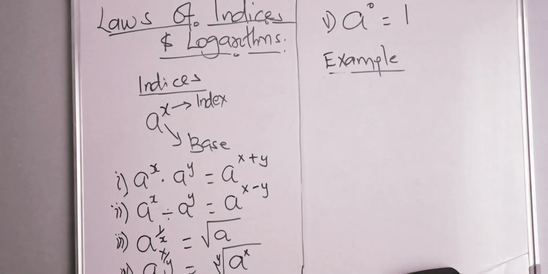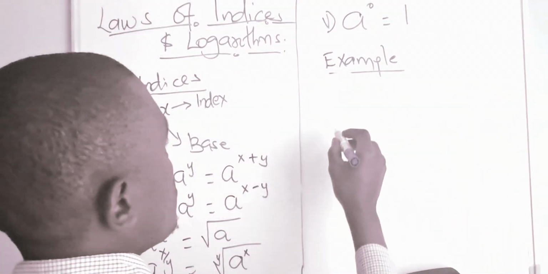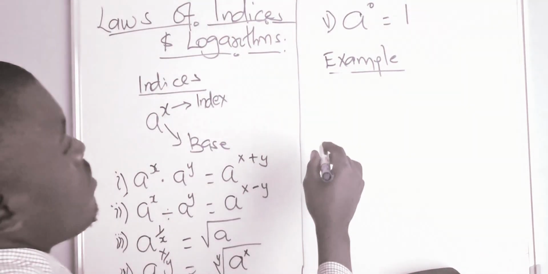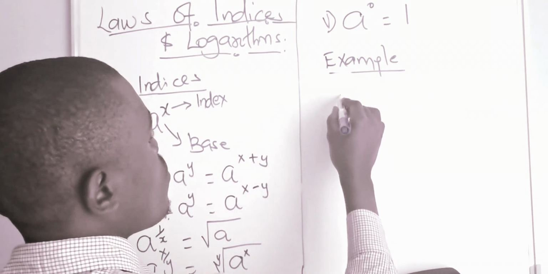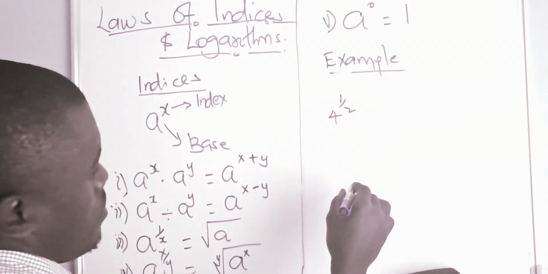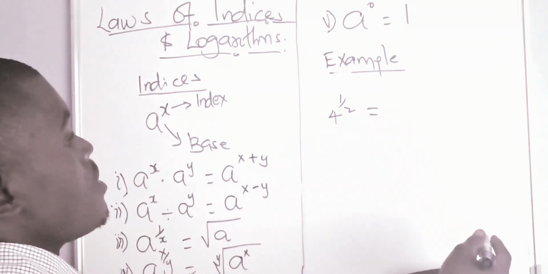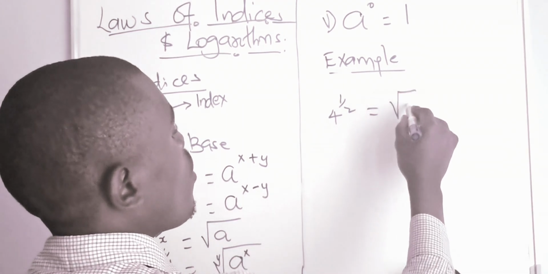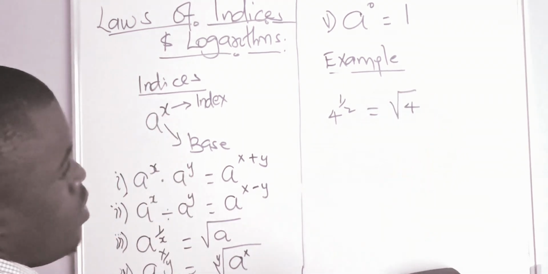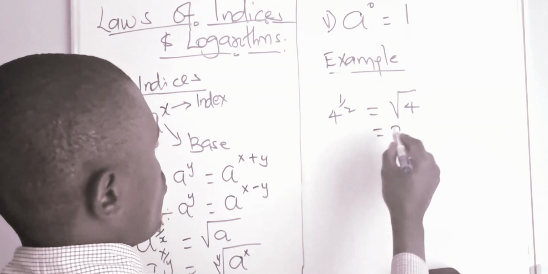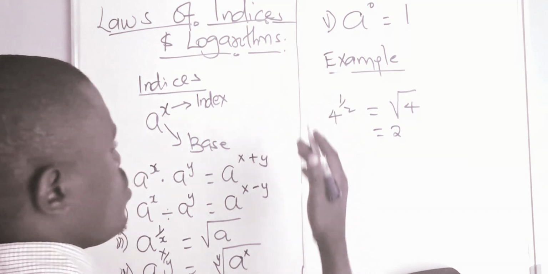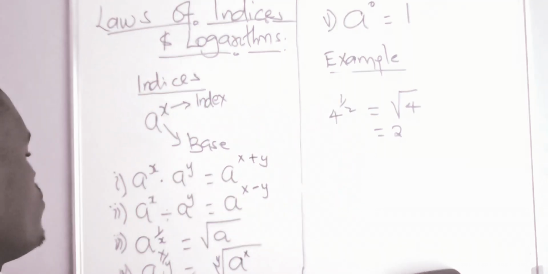For example, 4 raised to a half. This is the square root of 4, which is 2, using the third law of indices.